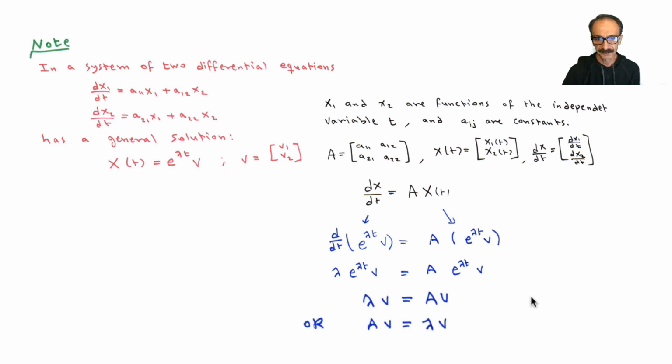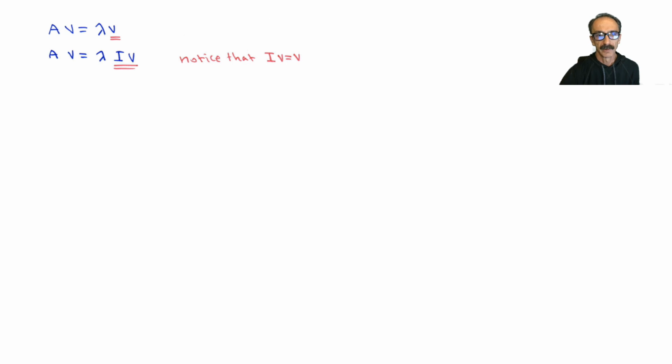Next, so Av equals lambda v. Replacing v with Iv, any matrix times I, the identity matrix, will not change anything. So v equals Iv.